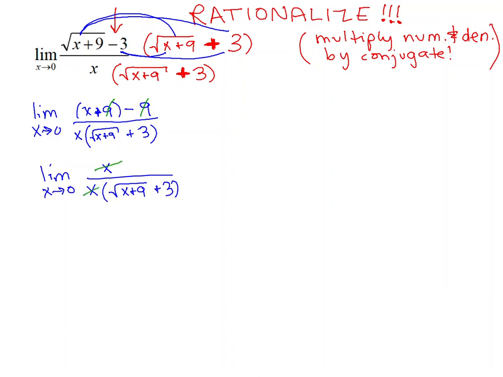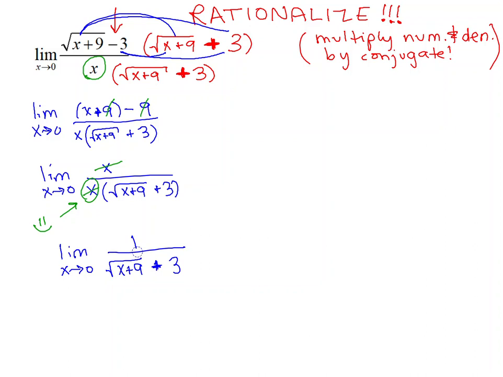And notice that that x that first gave me 0 in the denominator has now been divided out. Yay! I will be able to do direct substitution next. Let's rewrite what we have first. The limit as x approaches 0 of 1 over square root of x plus 9 plus 3. And now I will use the direct substitution.